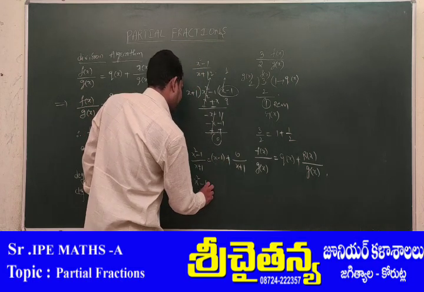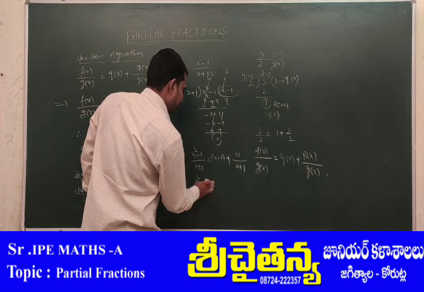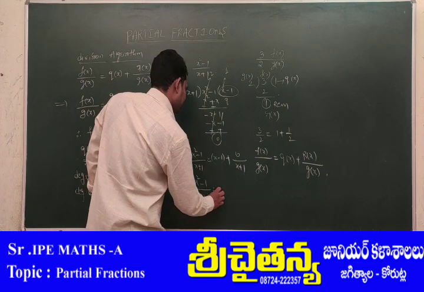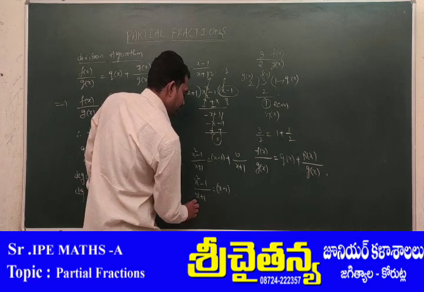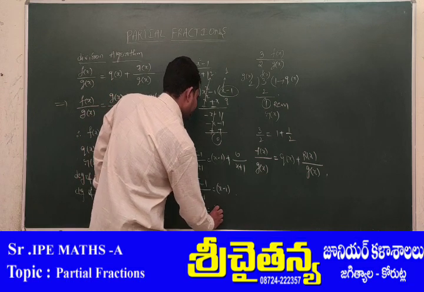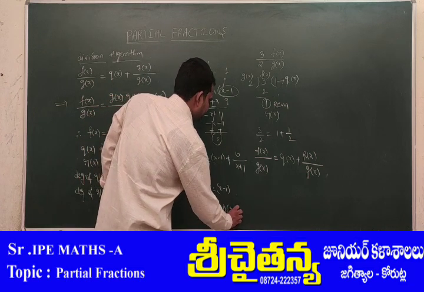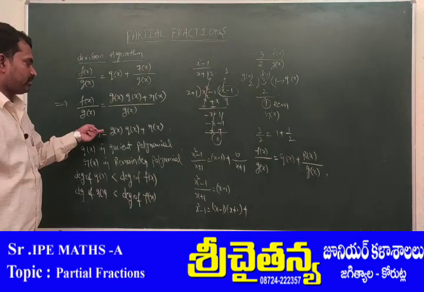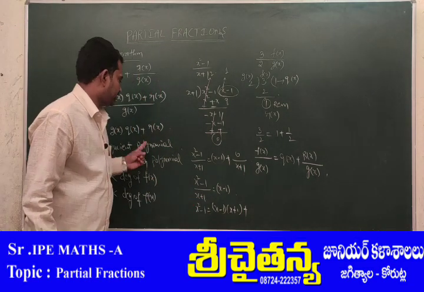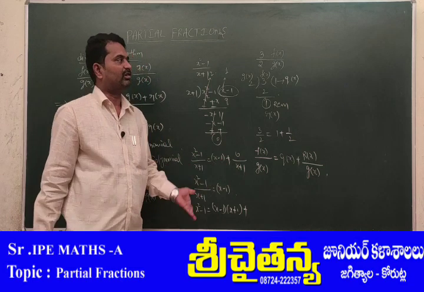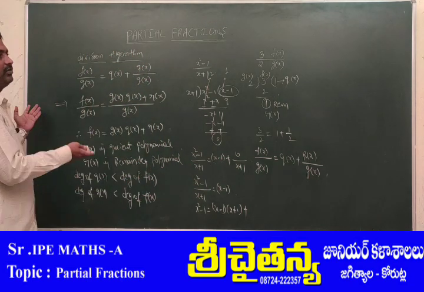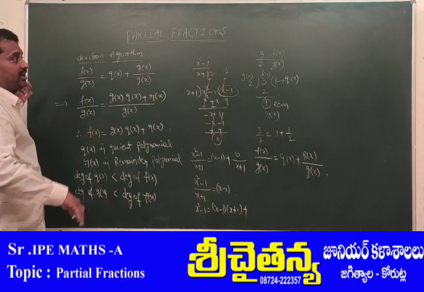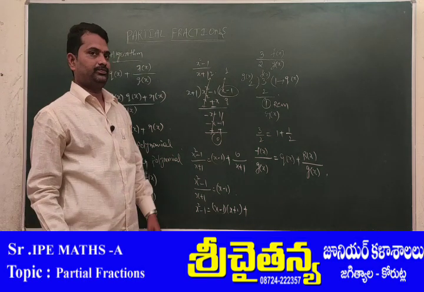That means x square minus 1 by x plus 1 is equal to x minus 1. Just write x square minus 1 is equal to x minus 1 into x plus 1 plus 0. That means f of x is equal to g of x into q of x plus r of x, where r of x is 0. This is how we use the division algorithm in some problems.